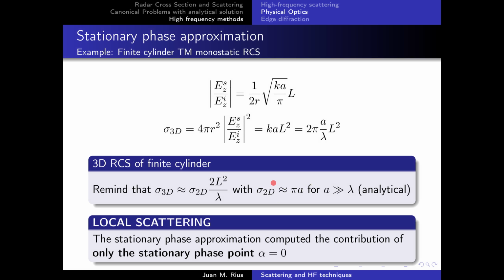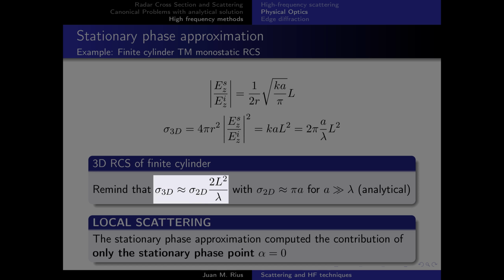And remember that in the first slides of this chapter, I presented an approximate relation between the three-dimensional RCS of a cylinder of length L, where L is large compared to the wavelength, and the incidence is perpendicular to the axis of the cylinder.